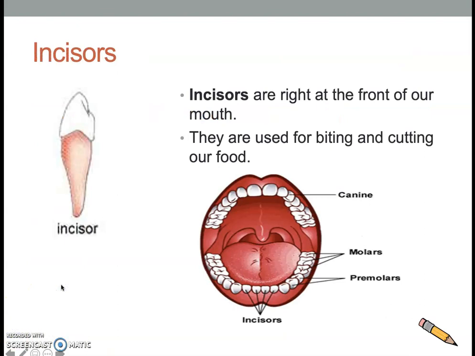So first up, we have our incisors, and these are the teeth that are found right at the front of our mouth. As you can see, there is an image of an incisor on the left hand side of the screen, just here. And these incisors are used for biting and cutting our food, hence why they have a relatively sharp shape.